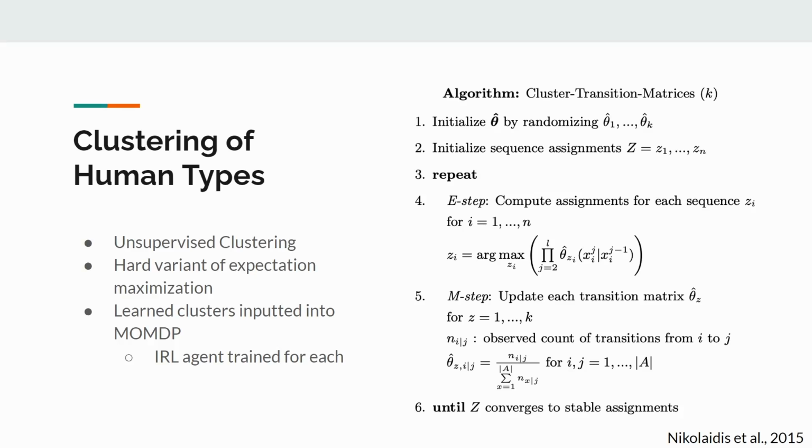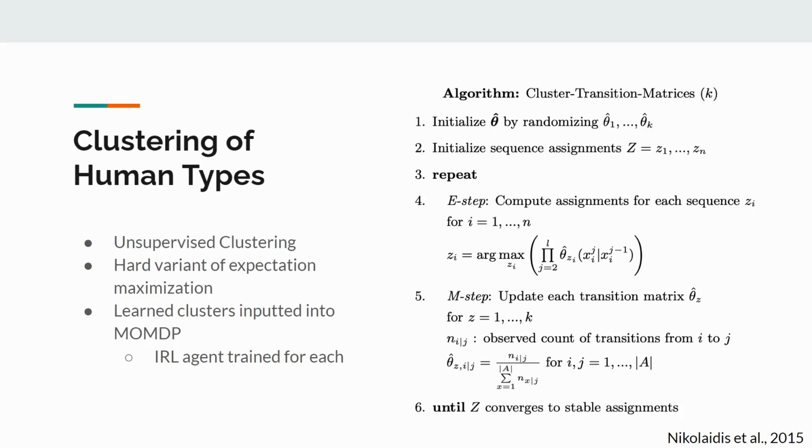And then once you find the number of clusters k, you can then initialize these transition matrices, theta hat, for each value of k, and also initialize an array z of sequence assignments for each of the trajectories x1 through xn. And given those trajectories, you can essentially do an expectation maximization process where, in step 4, you assign each sequence to its appropriate cluster given the highest log likelihood of it belonging to that cluster.